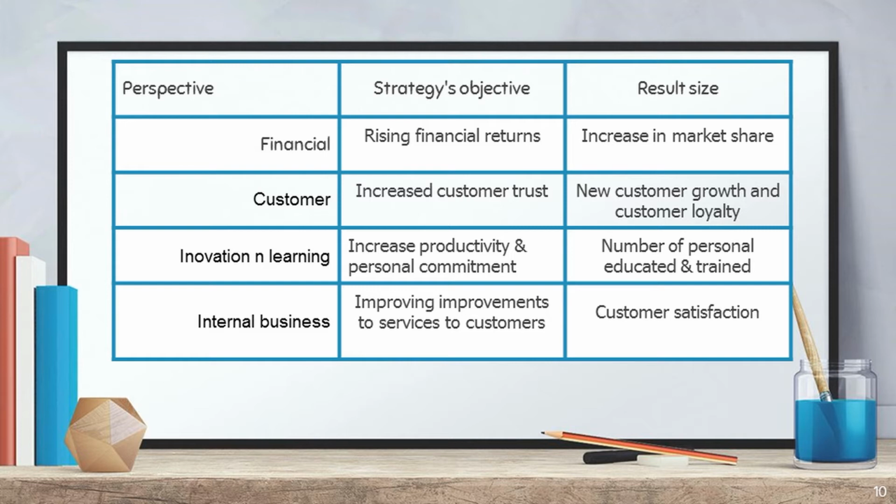So the matrix contains strategy objective and result size, and it will help us to determine how much the strategy score is. For example, for financial, we made a strategy objective that is raising financial returns, and the result size is an increase in market share. So we can make a score for this strategy by looking at the increase in market share, and the rest you can see in the table.